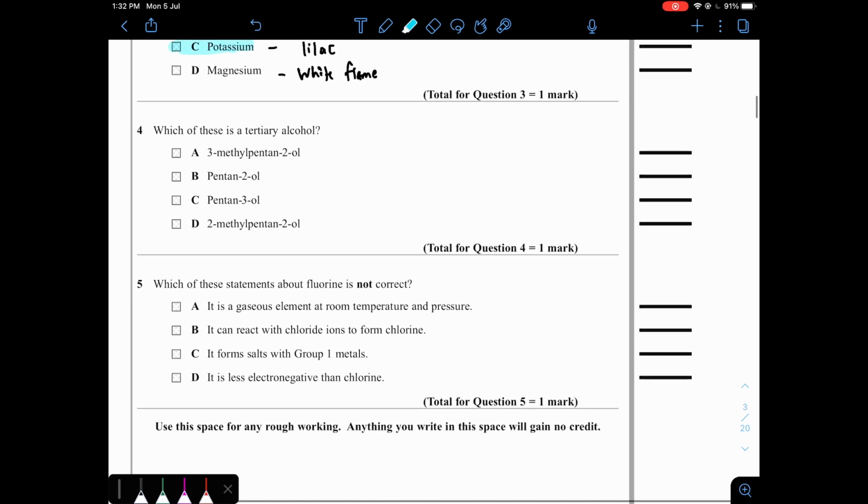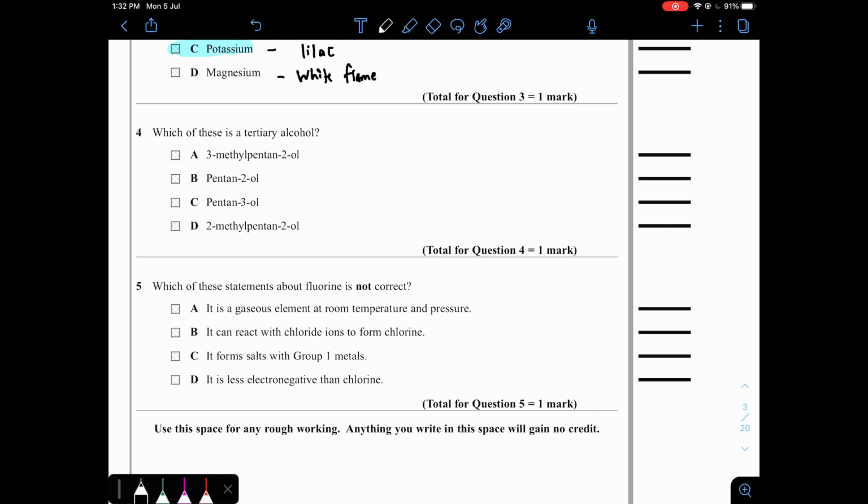Which of these is a tertiary alcohol? So this is 3-methyl pentanol. So let's draw them. If you're ever confused, just draw them. So let's draw A here.